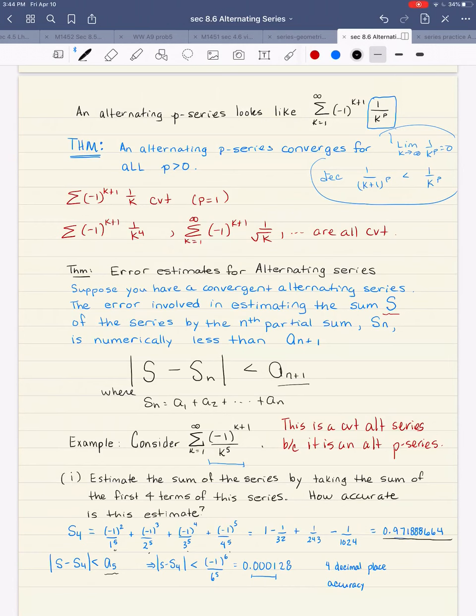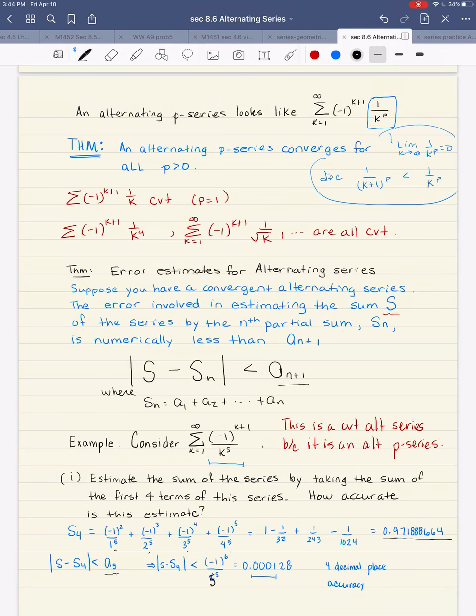Now, how close that is to the actual sum we claim is no more than A5. I did the first 4 terms, so A5 should be a 5 to the 5th. If I put a 5 in for each k, I get negative 1 to the 6 over 5 to the 5th. Let me check that number on my calculator. 1 divided by 5 raised to the 5th.